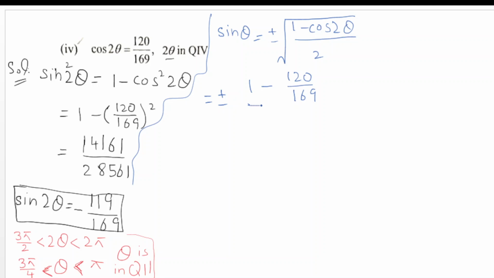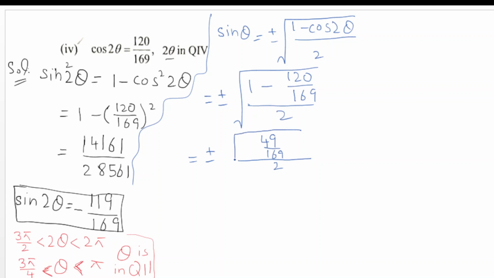Now down here 2 will be there. The upper value we will solve in a simple way: 169 minus 120, that will be 49. So 49 by 169, all over 2.